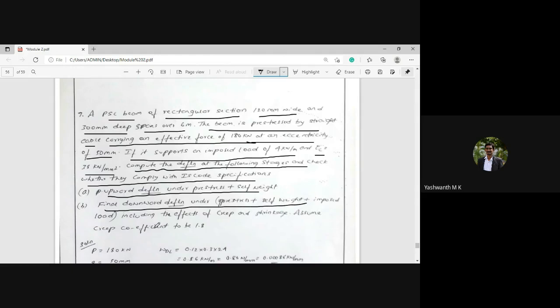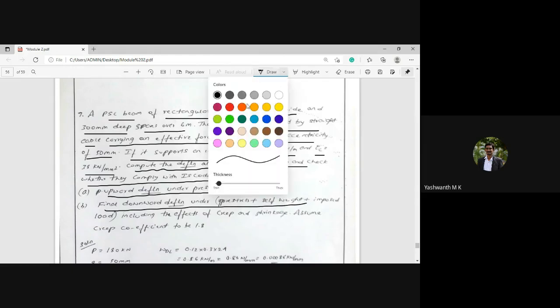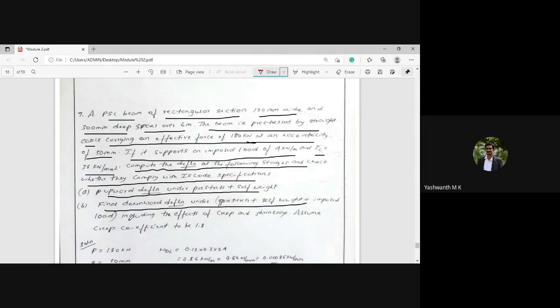Apart from this, please observe one important thing they have highlighted here, that is including the effect of creep and shrinkage, assuming a creep coefficient of 1.8.